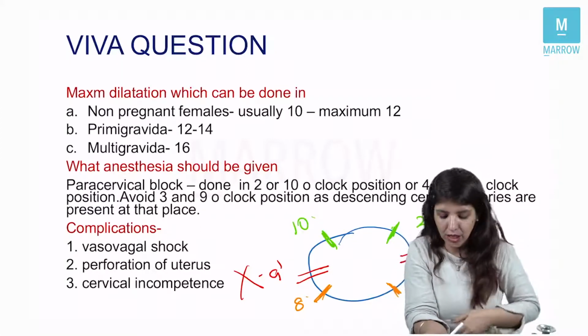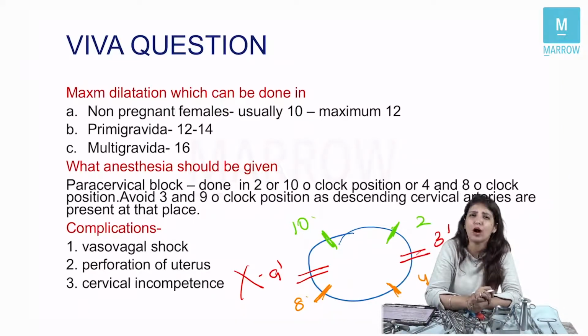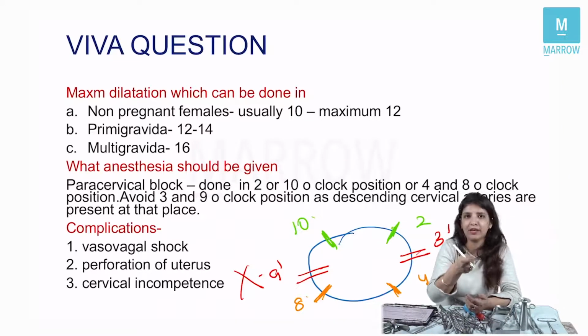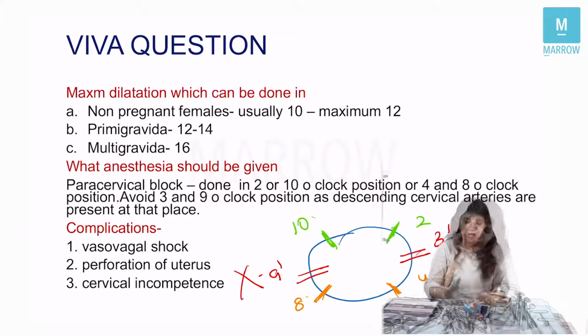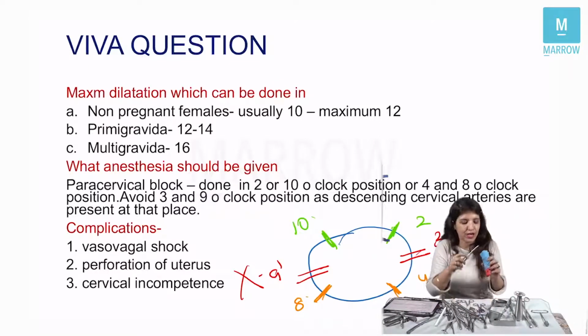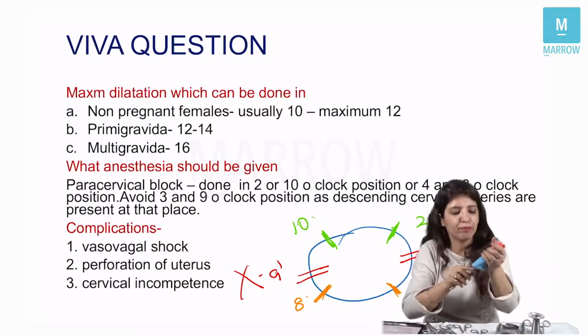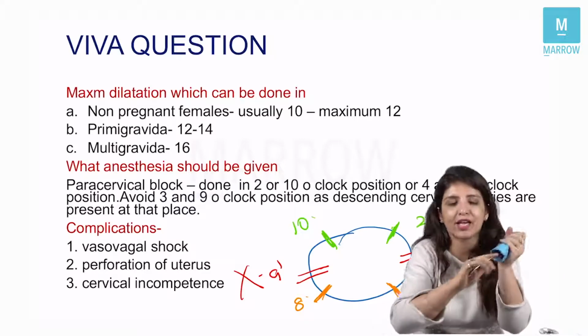Then, the third complication of Hagar's dilators could be if you are dilating forcibly. Now, when you forcibly dilate, that can lead to cervical incompetence. For all those students who feel that dilators are used to dilate the external os, remember, when you are dilating, your purpose is not just to dilate the external os.